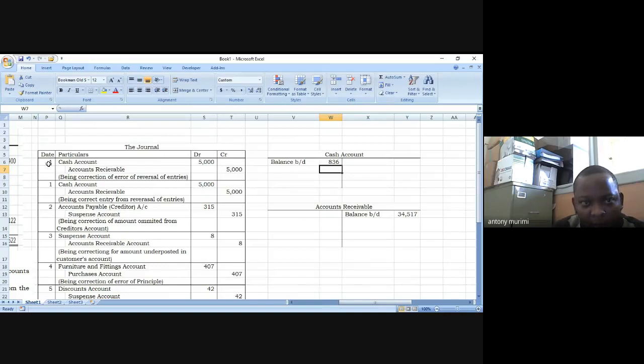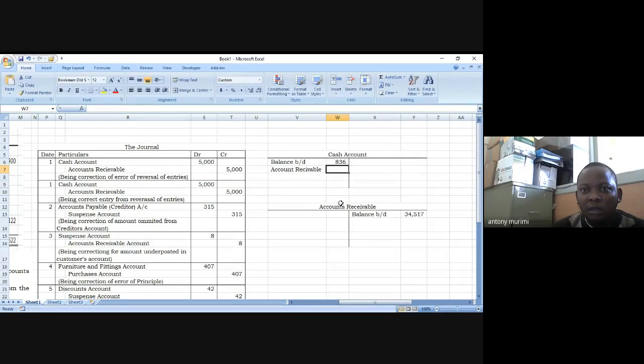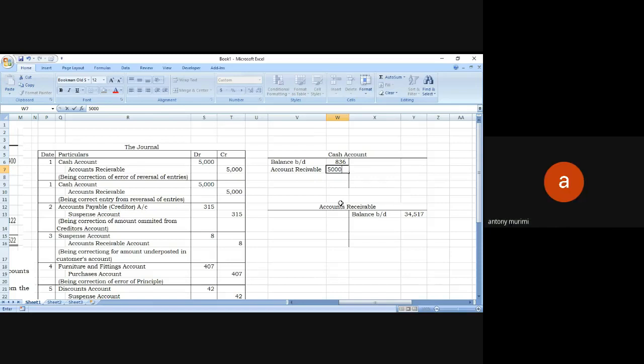So to correct, we're still in our first error. We debit cash account 5,000, credit accounts receivable. So debit cash account by accounts receivable, the amount is 5,000. And then credit what?